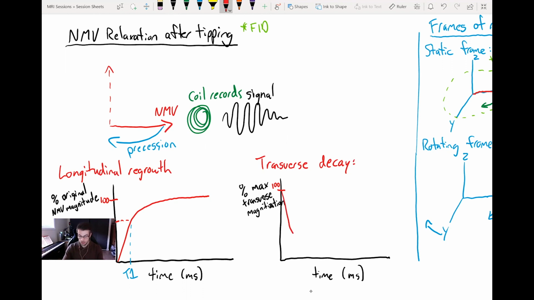So instead of going up and out, this goes down and out, if that makes sense. Now, the other constant that is all over the place in MRI is, instead of T1, T2. And thanks to Zara, I'll get the value actually correct this time. T2 refers to the amount of time that it takes for this transverse magnetization to reach only 37% of its maximum. So that'll be somewhere around here.